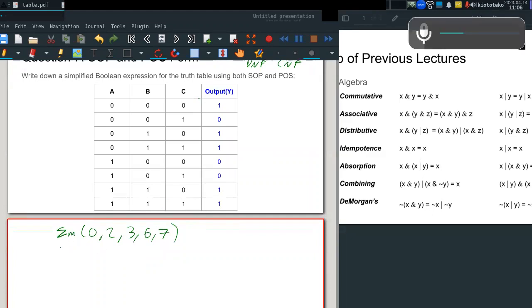If you want to express it with literals, since this is supposed to be a disjunctive normal form, which is a sum of products, you just look at the literals.